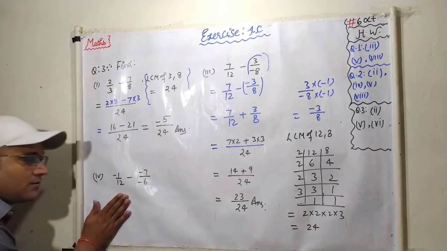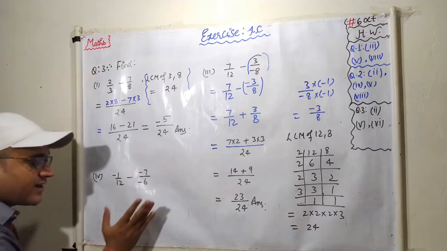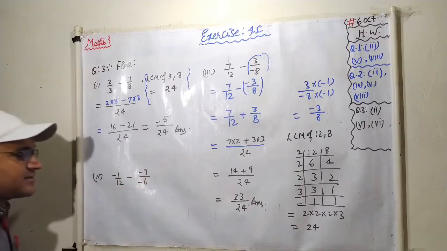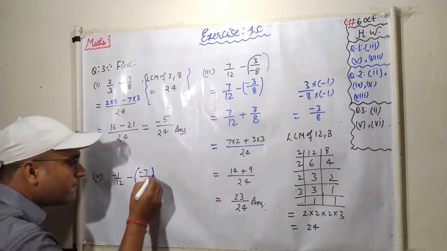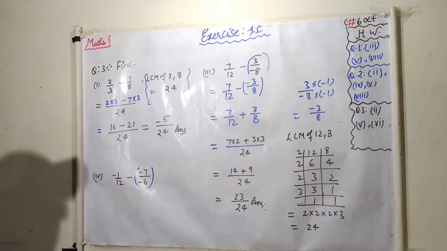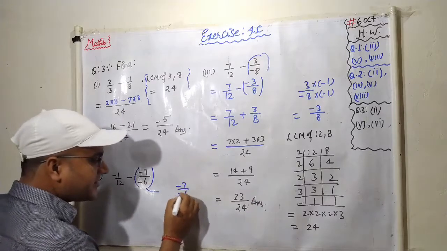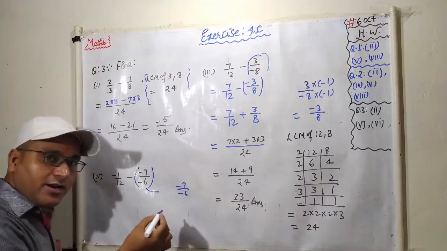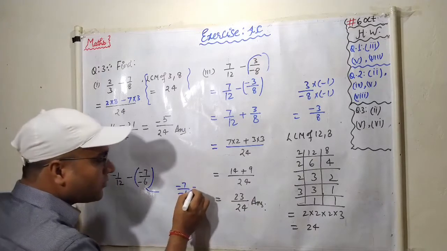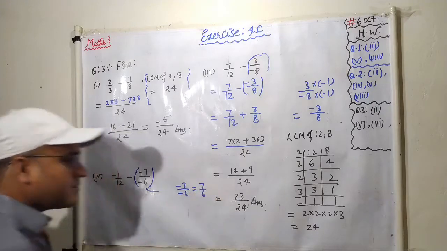Minus 1 upon 12 minus, this is very interesting, minus 7 upon minus 6. In the next step our aim is to change this one. Minus 7 upon minus 6 means that both numerator and denominator have the same sign. You will remove the sign and write 7 upon 6.